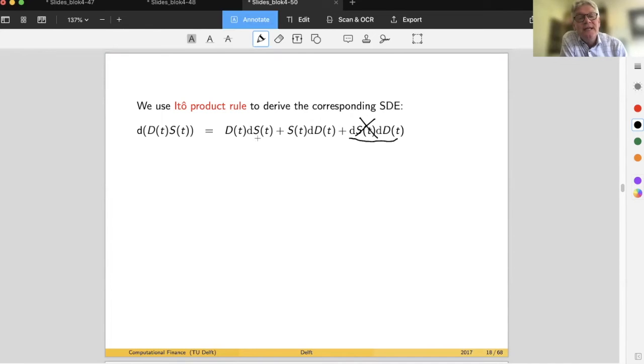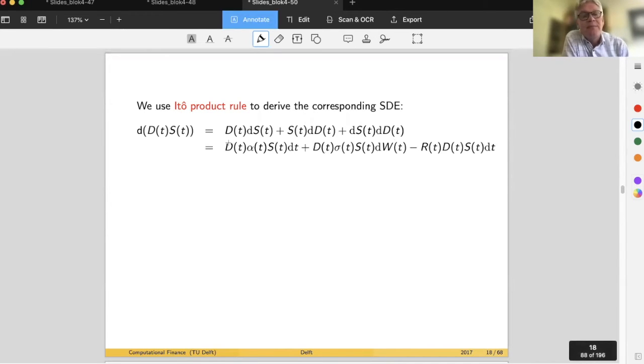For the dS term and the dD term, we have the expressions from the previous slide, and we can just substitute them. So let's do that here. That means this is D_t times alpha_t S_t dt, the drift term, plus D_t sigma_t S_t dW_t.